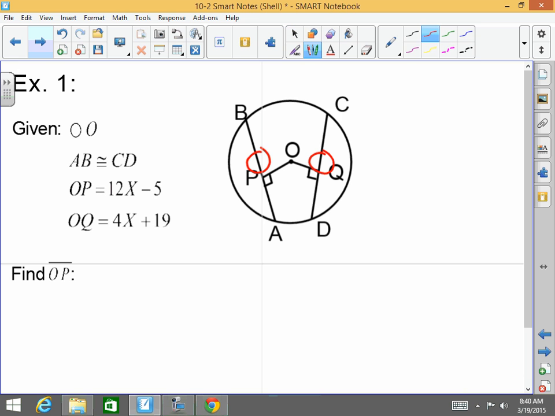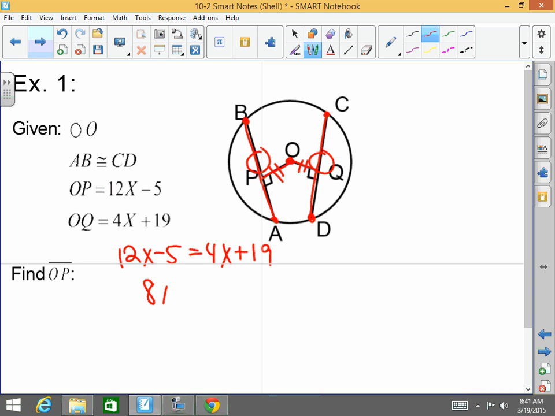Well, you set them equal to each other, right? Because if AB is congruent to CD, then that means that PO is congruent to OQ because they're equidistant from the center. So 2x minus 5 will equal 4x plus 19.